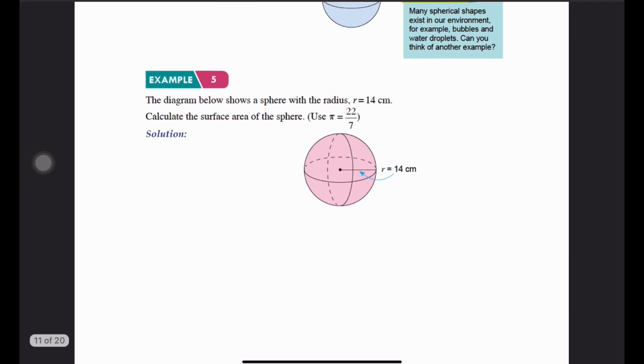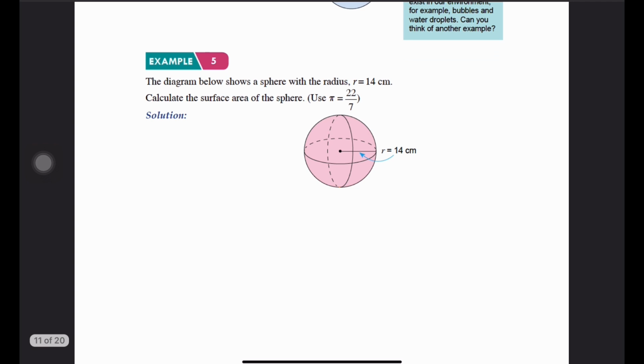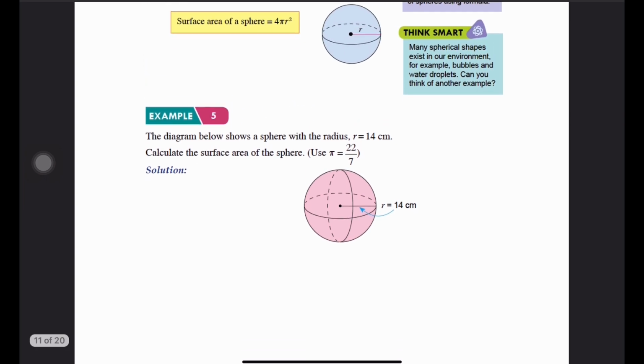Okay, so let's have a look at the first example. Okay, the diagram below shows a sphere with radius r 14 centimeter. Calculate the surface area. Okay, first, you write the formula 4 pi r square and then just substitute the value. 4 pi is 22 over 7, r is 14.